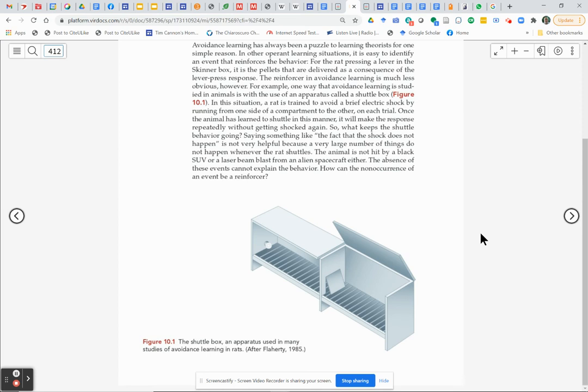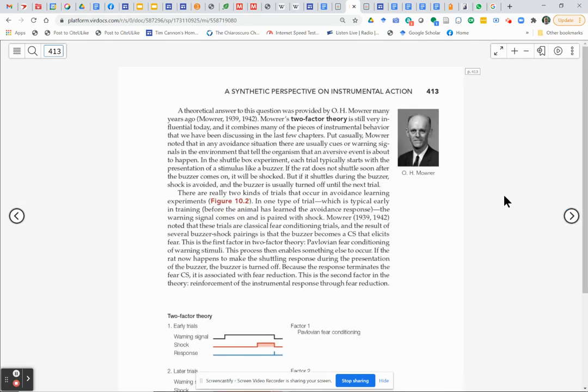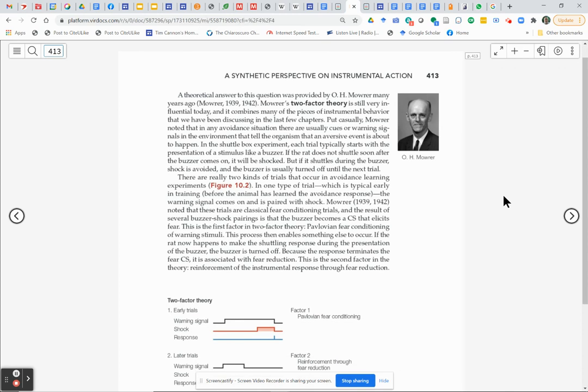And start thinking about evolution. In this chapter, Bolles will show up, and his views of behavior are important. And Bolles was important to the author of this textbook, and also some researchers that I overlapped with. Not Mowrer, but two-factor theory. He's back in the days of Skinner, the 30s and early 40s.